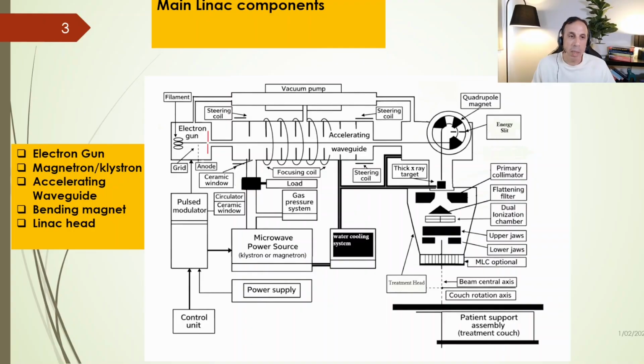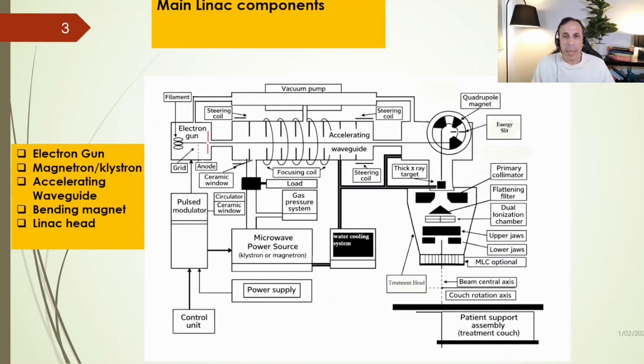We can see several components working together, and it is not really easy to explain all of these components. I have tried to briefly explain some of them. They are very important for electron beam production, and for the rest of that you can refer to the textbooks and engineering books about the linear accelerator.